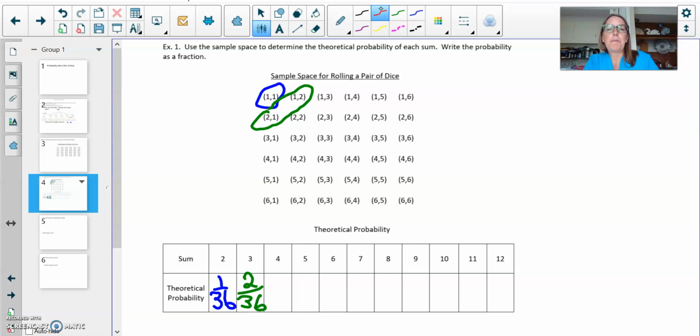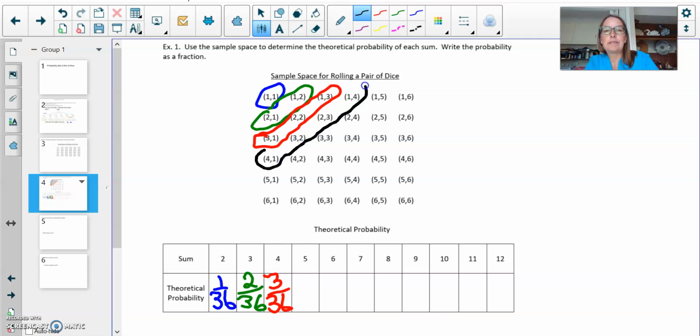The sum of 4 happens three ways. I could have (3, 1), (2, 2), (1, 3). So that would be 3/36. A sum of 5 happens four ways.